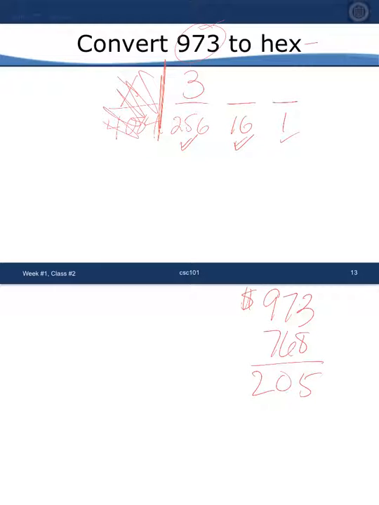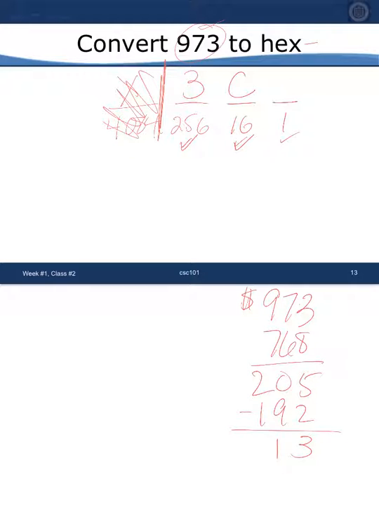You could write the number 12 to remind yourself, but remember, in hex, the number 12 is the letter C. So I might say, all right, I'm going to buy C, or 12, things that cost $16. So 12 things that cost $16 costs me $192. And that leaves me with $13.